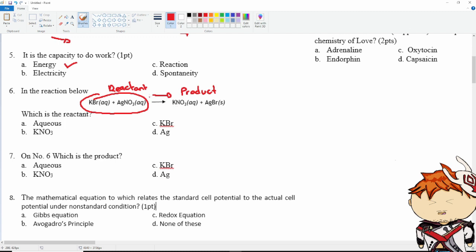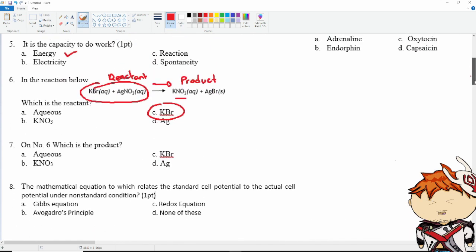The right is the product, the left is the reactant. So which is the reactant? KBr, probably. There's no silver in this equation. Aqueous is a phase. KNO3 is on the right side, so it's a product. So, KBr. On number 6, which is the product? KNO3 is the product. It's on the right side.